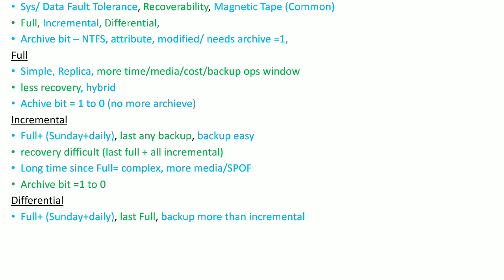Incremental backup does consider the last incremental backup, and it does not take the backup of the files which are already backed up by the last incremental backup. But differential backup will disregard the last differential backup, and it will only consider the last full backup. Therefore it will back up all the files which are modified since the last full backup. So there is more data involved while taking the differential backup.